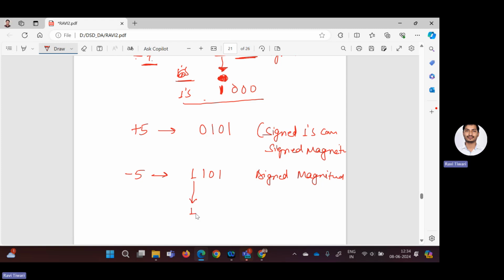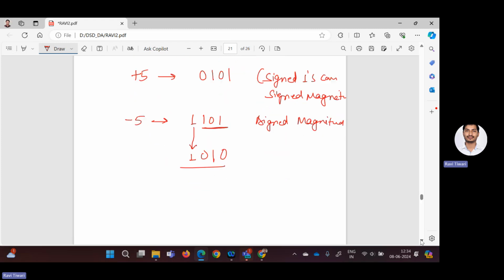It will not be complemented. The rest, the magnitude, will be complemented bit by bit. So 1 becomes 0, 0 becomes 1, and 1 becomes 0. So this is the representation of -5 in signed one's complement form.